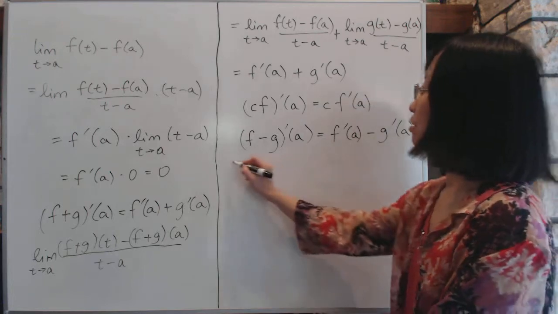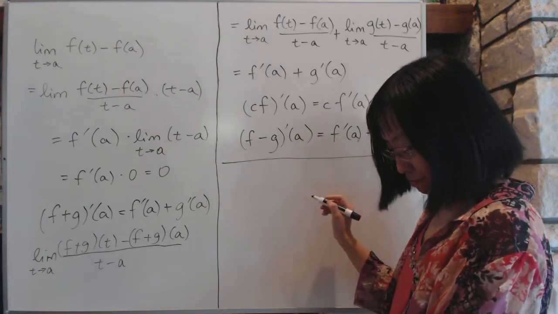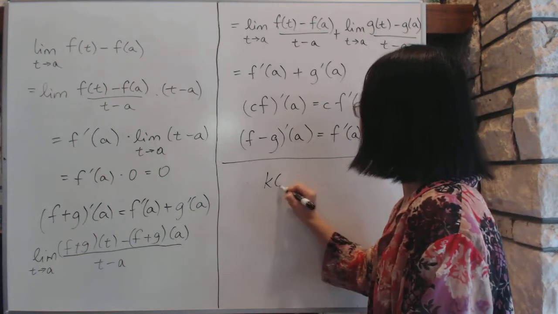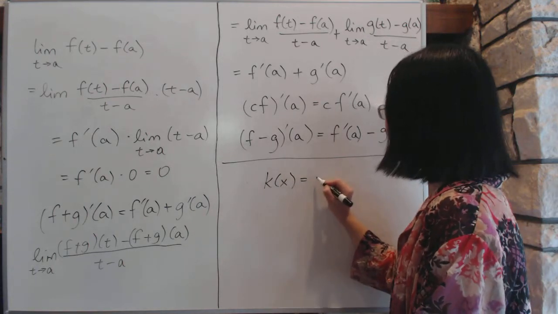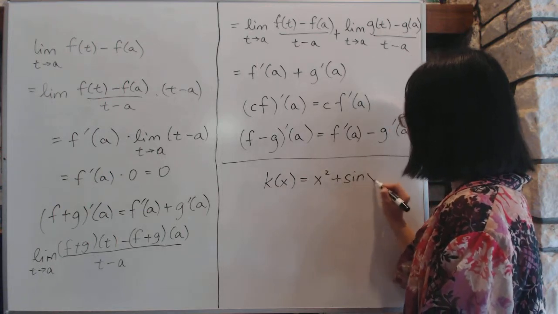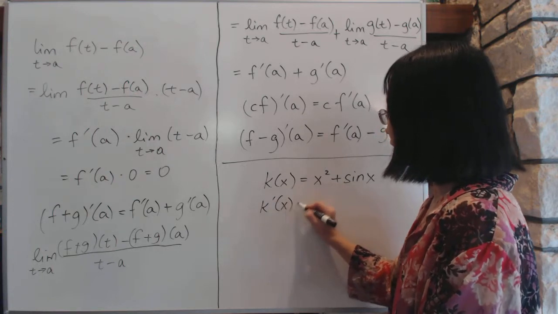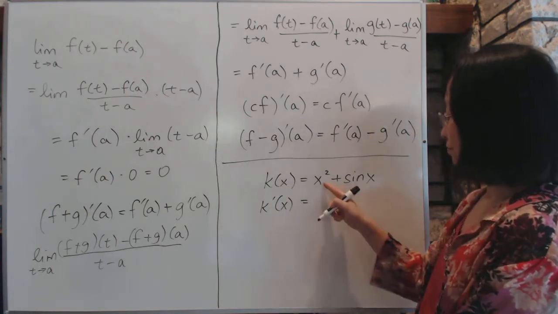Now, as an example of all this, let's say we have to calculate k of x, a quick easy example, equal to x squared plus sine x. What is k prime, that is, what is the derivative? You follow the rules.